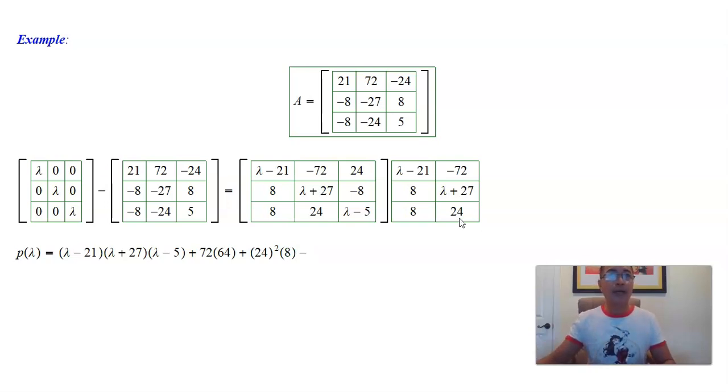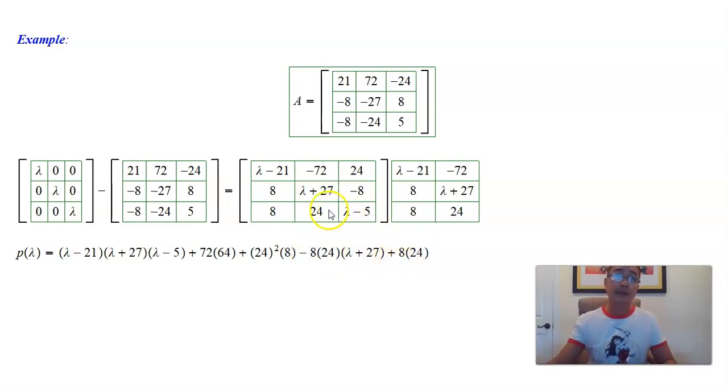Okay, and then we will subtract 3 terms. So 8 times 24 times lambda plus 27, which I already have here. Steal that. And then, okay, so we're subtracting, correct? And then we'll subtract this. So that will also be a plus. Plus 8 times 24.